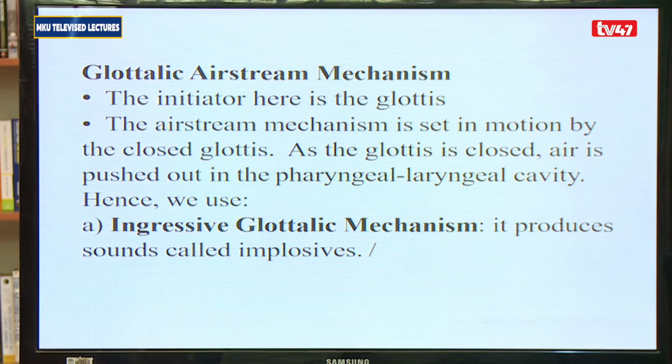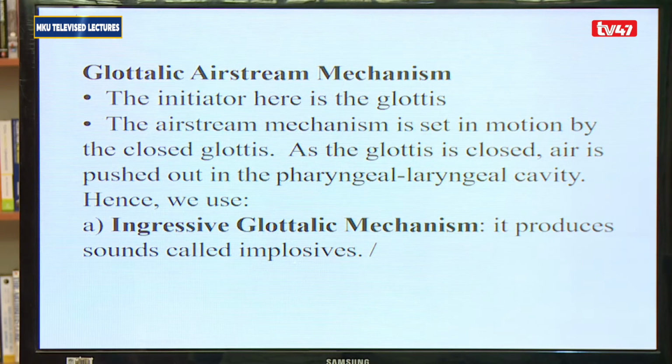I hope you remember the cavities that I showed you in the diagram: the nasal cavity, the oral cavity, and the pharyngeal cavity. So this action is taking place in the pharyngeal laryngeal cavity.